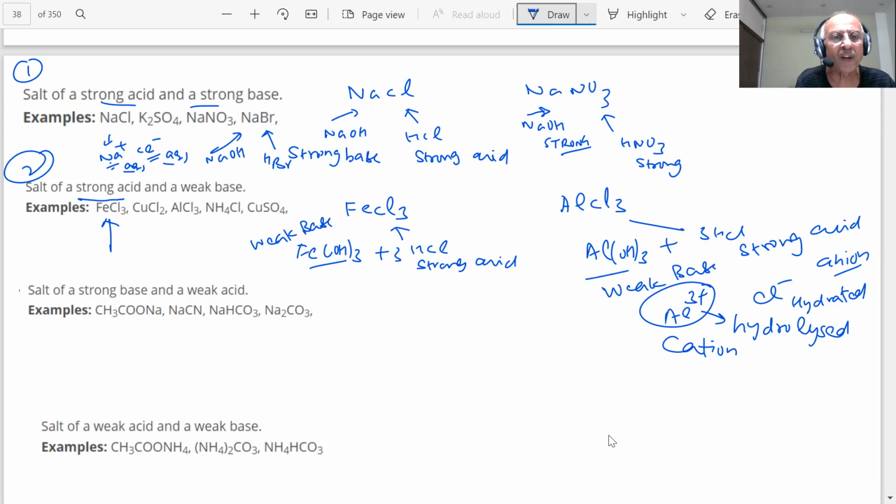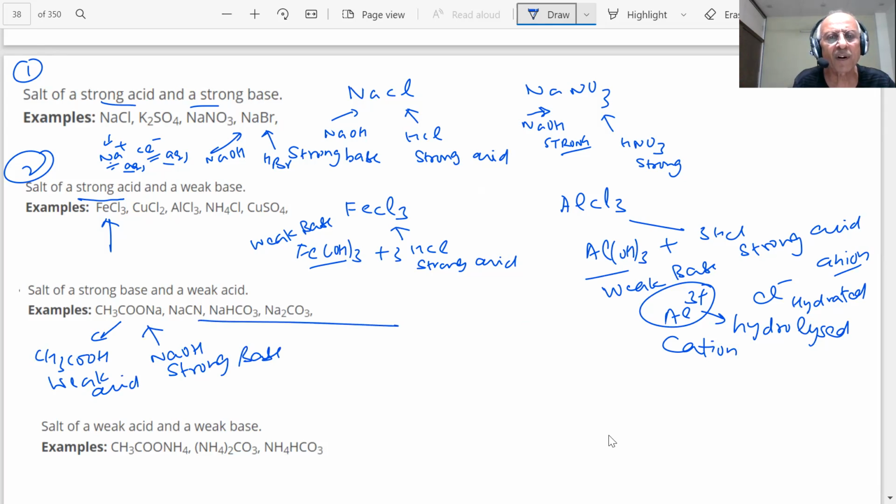Salts of a strong base and a weak acid. What do you mean by CH3COONa? How will you prepare it? Acetic acid and NaOH. This is a strong base, weak acid. What will be the result of this? Similarly, what does NaCN mean? It is coming from NaOH and HCN.